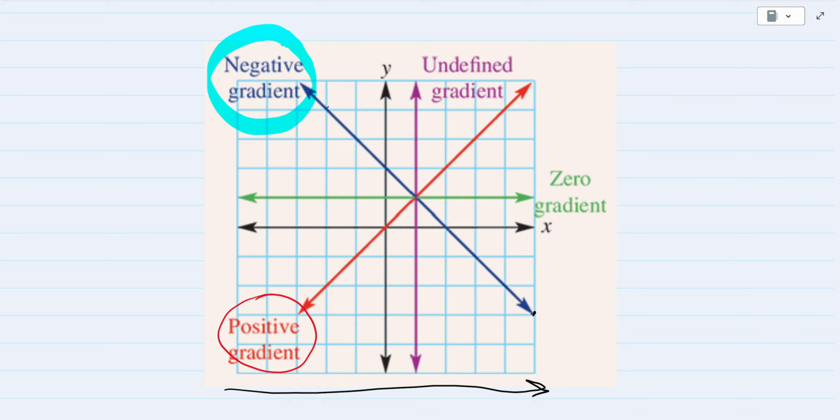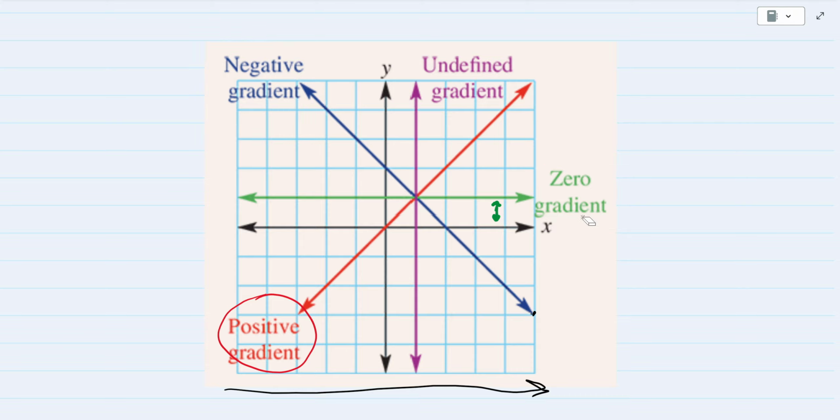The next one that we covered in our last video on drawing graphs using intercepts is our zero gradient. And that's this one here. Anything that is perfectly horizontal, running parallel to our x-axis, is our zero gradient.